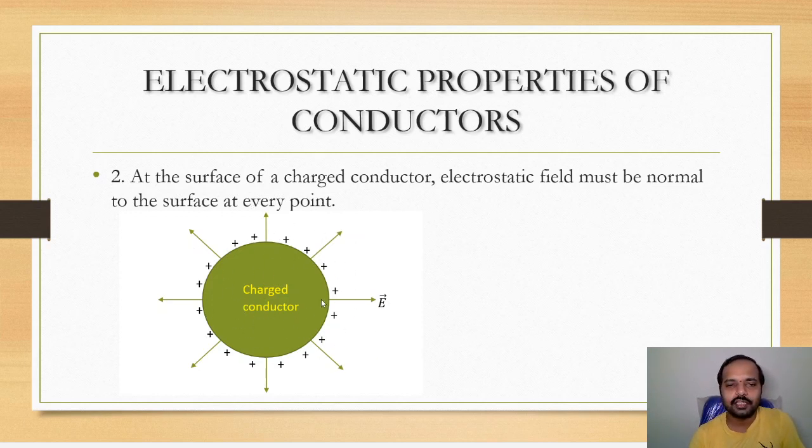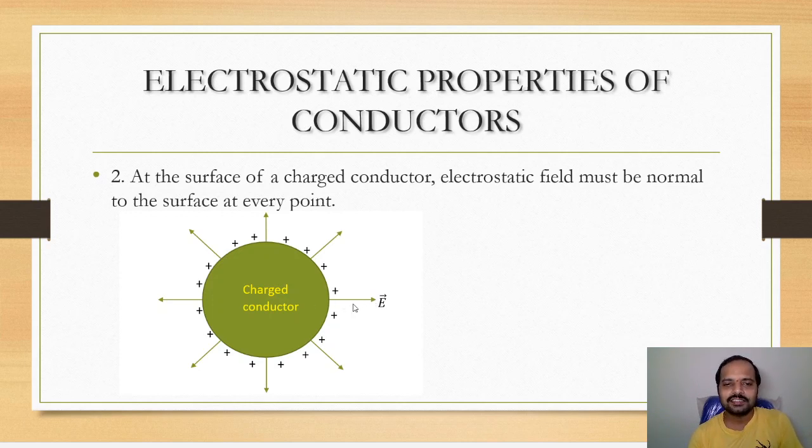I have taken a sphere over here, and you can see that the positive charges are uniformly distributed all over the surface, and hence the electric lines of force, which represent the direction of the field, are going in the radially outward direction. And you can see that the electric field lines are normal to the surface of the charged conductor.